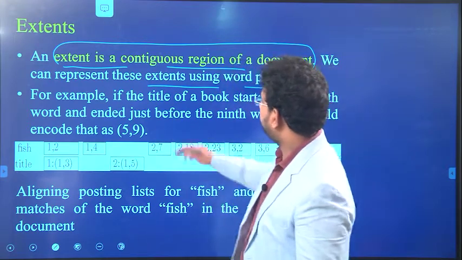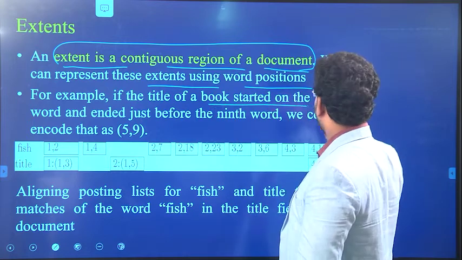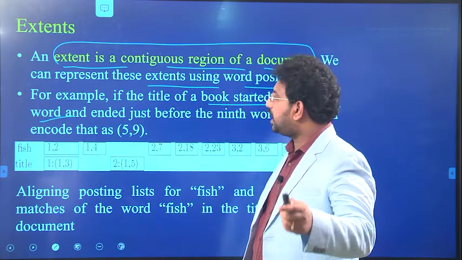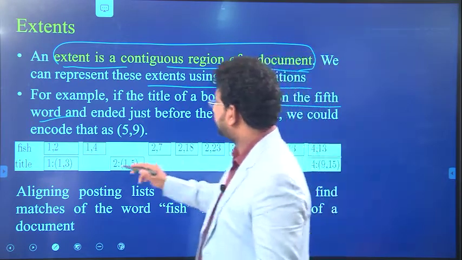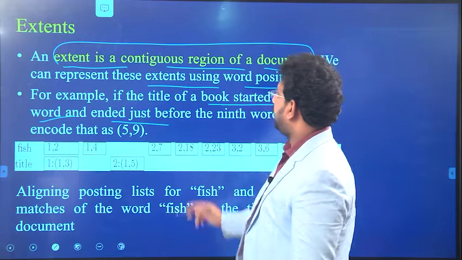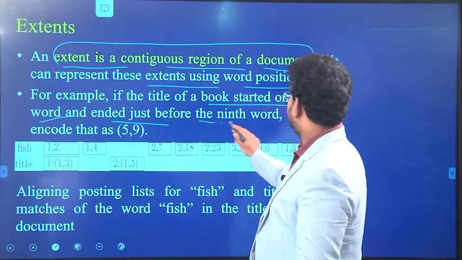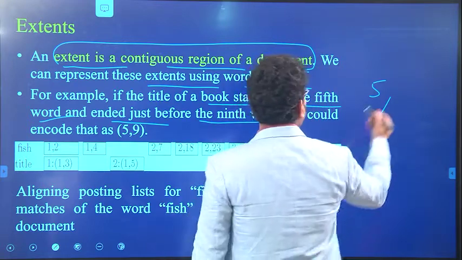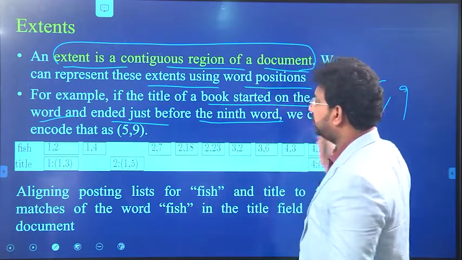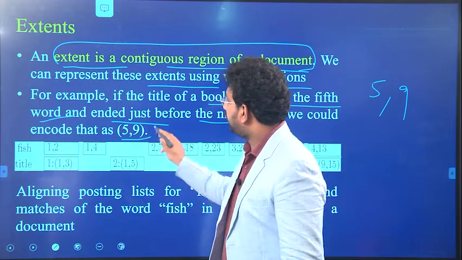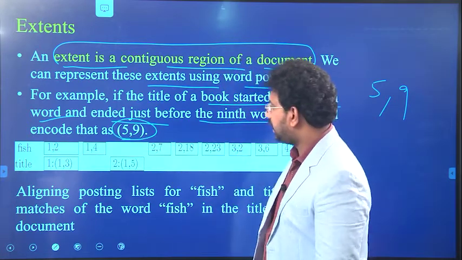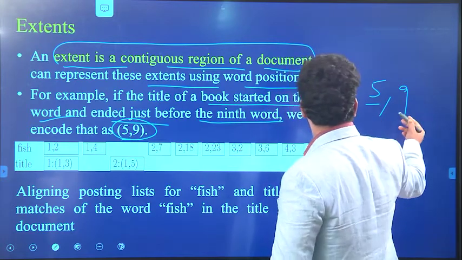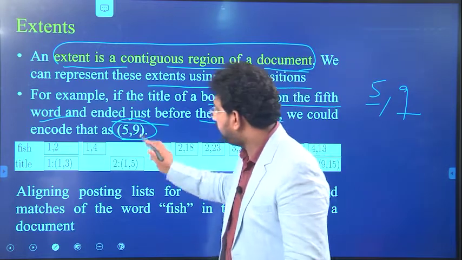For example, if the title of a book starts at the fifth word and ends just before the ninth word, we could encode that as 5,9.